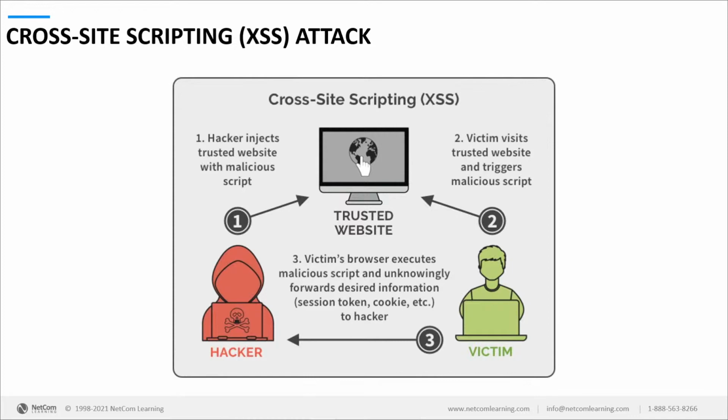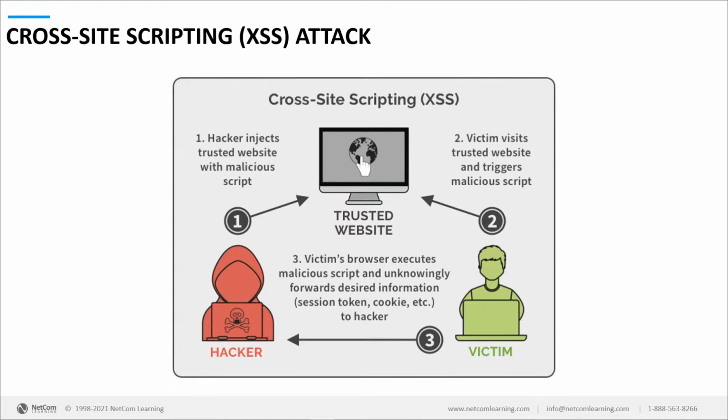Cross-site scripting, on the other hand, is entirely different. Cross-site scripting is where you can implant things into the web code that allows a hacker to gain access to a victim. In this case, the hacker injects code into the website with a malicious script, usually JavaScript.